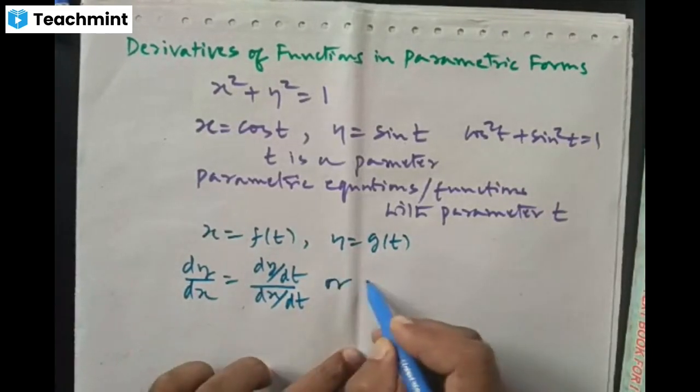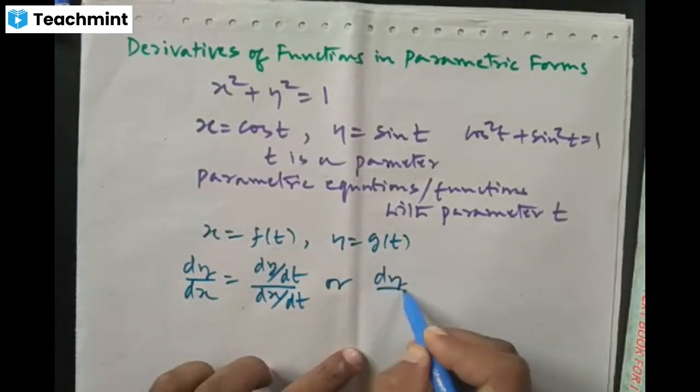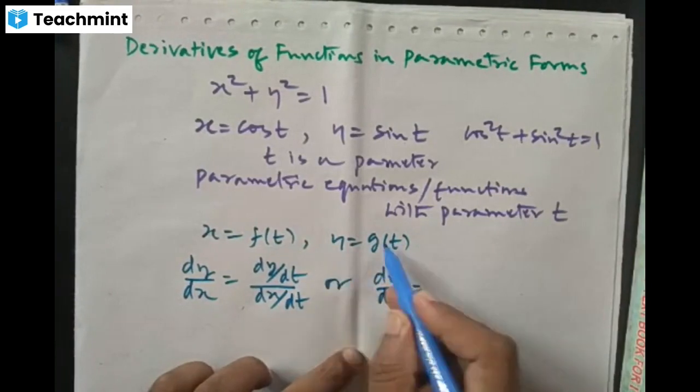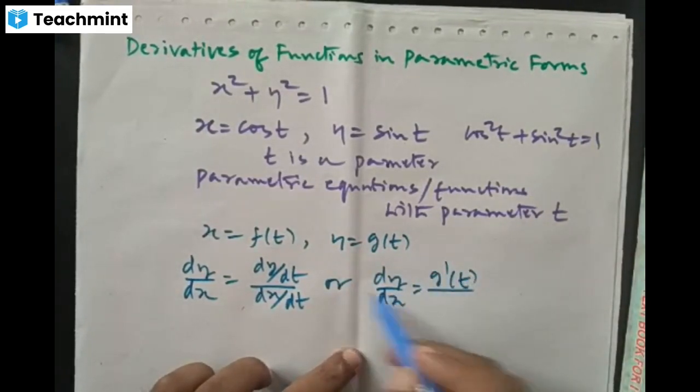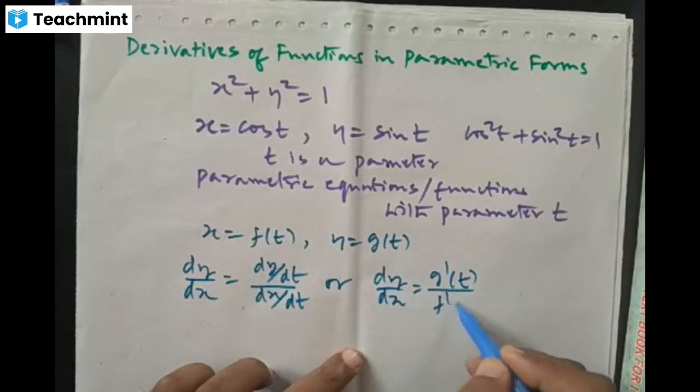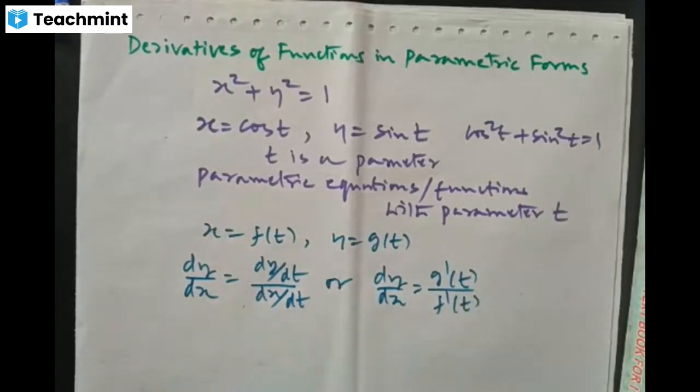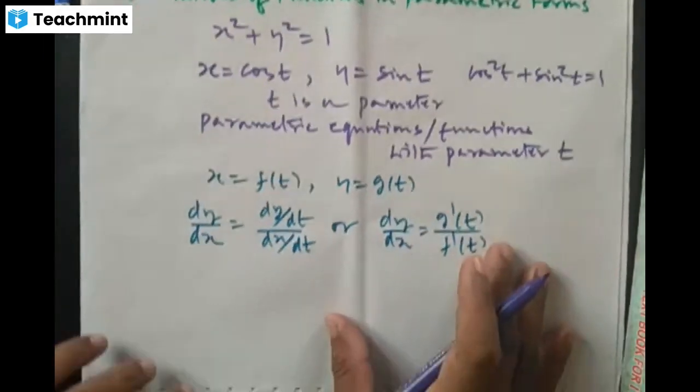You can also write this as dy by dt is nothing but g dash of t, and dx by dt is nothing but f dash of t. Both are one and the same. Now we shall straight away move on to problems.